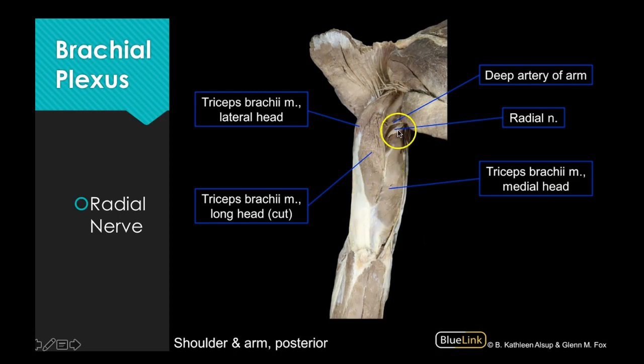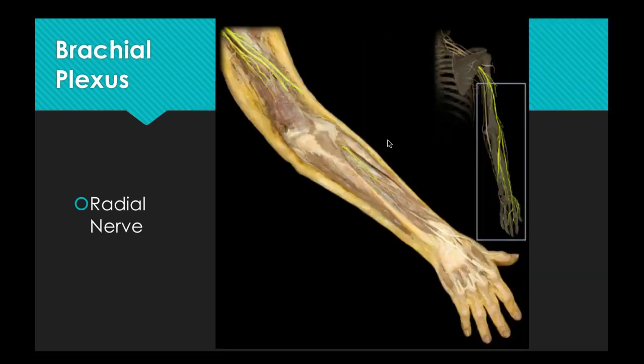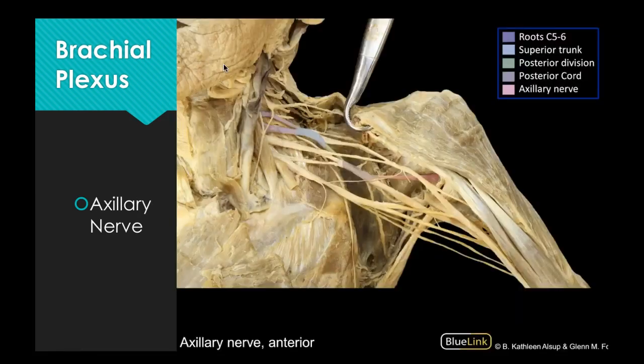So this is a posterior view of the arm, and you would find the radial nerve between the lateral head and the medial head of the triceps brachii muscle. The radial nerve will then extend into the forearm and branch into a superficial branch that will give more cutaneous supply, and a deep branch that will continue to supply posterior forearm muscles.